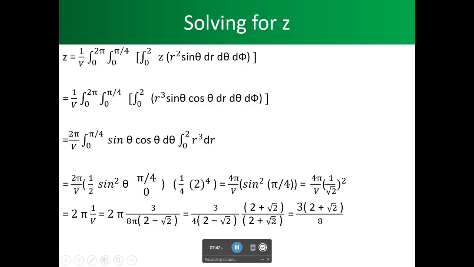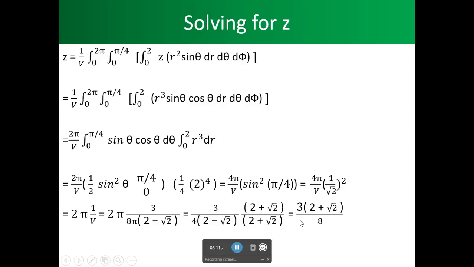And we multiply by its conjugate: if one is negative, the other needs to be positive. If it's 2 minus the square root of 2, it has to be 2 plus square root of 2, multiplying top and bottom so that we don't change anything. That still is 1.